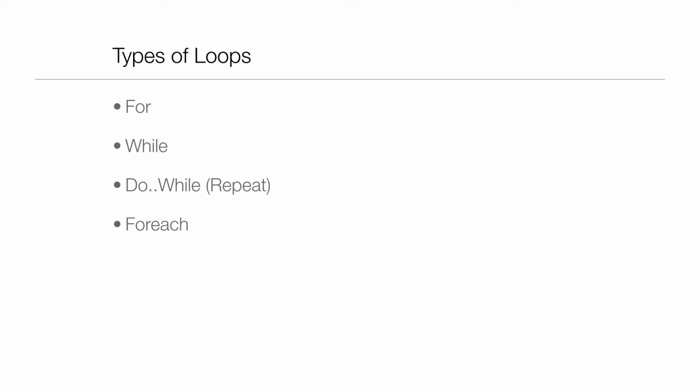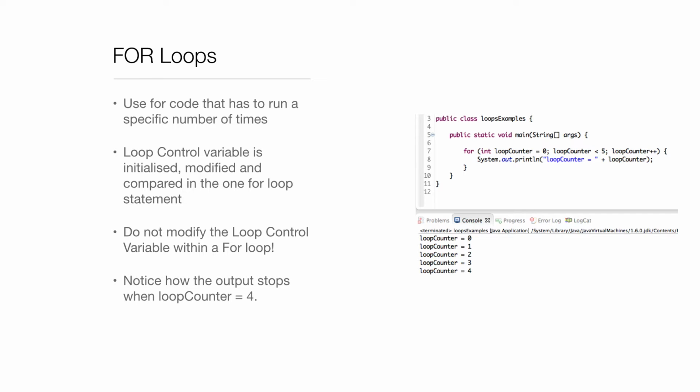We'll look at that in more detail when we look at arrays in the next week probably, because it makes it a lot easier to read data out of an array. At this level, you can't do much more with it. It's mainly used for reading data out, whereas all the other loops, for, while, and do while, are a lot more flexible in terms of what you can do with them. Anyway, so for loops.